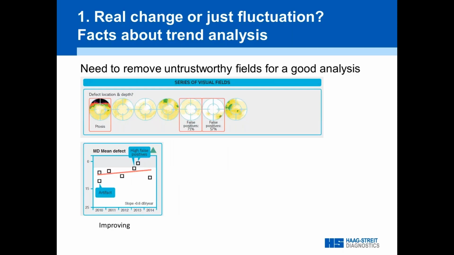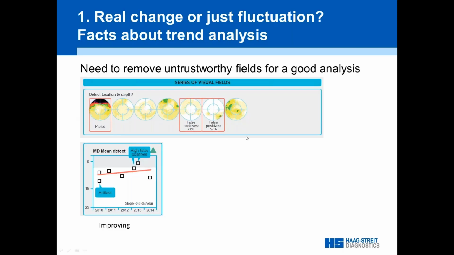And here's an example going to the extreme, but it's actually a real example. When you get a lot of unreliable, untrusted fields, this completely destroys your trend analysis. So you have to exclude that. Here you have a ptosis artifact, so obviously the MD is really bad. Here you have very high false positive rates. These two are not real. They're way too good for that patient.